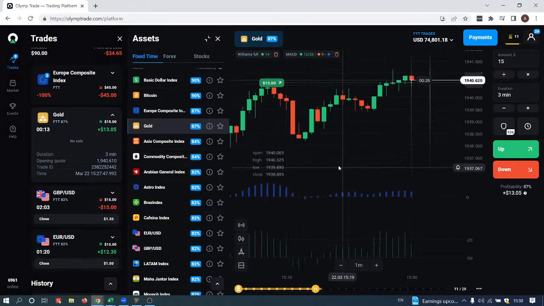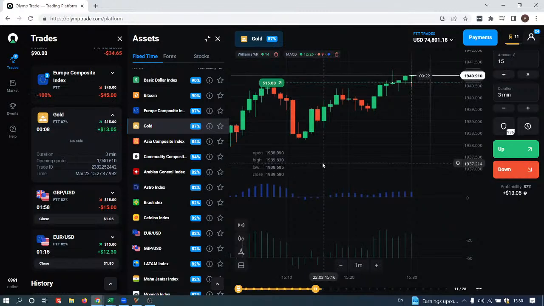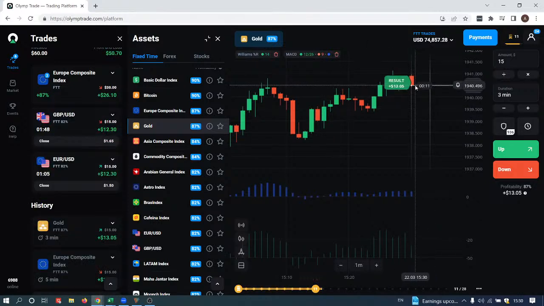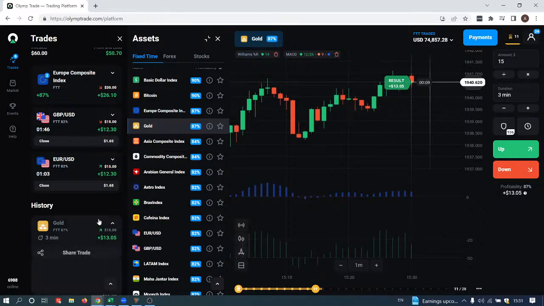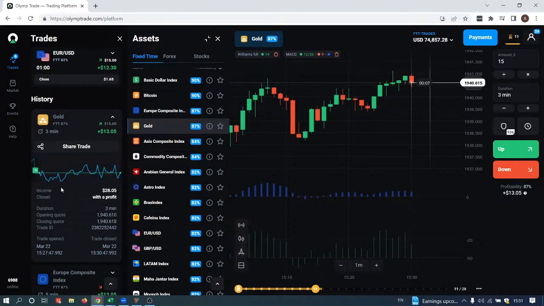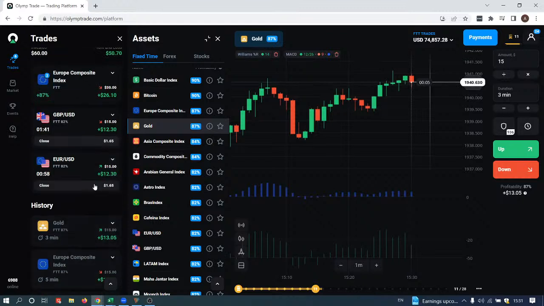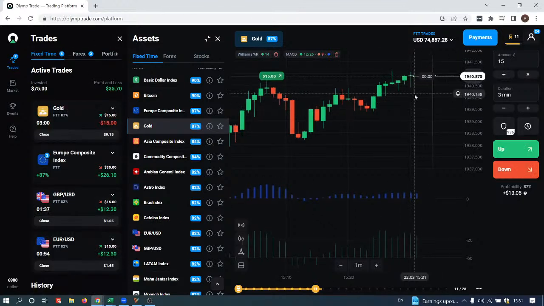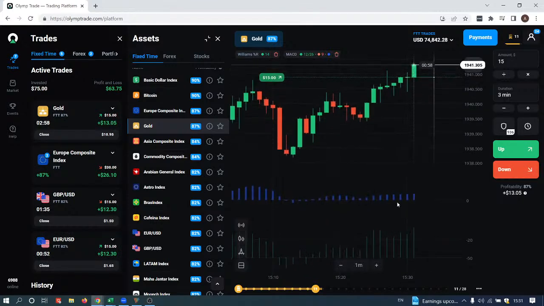As you can see, for the past 15 minutes, since 15:16 my local time, this asset has been going up. Luckily, gold closes with a profit. It was like 50-50 all the time, and then finally it closed with a profit, and I want to give it another try, right? The conditions are still there, as you can see.